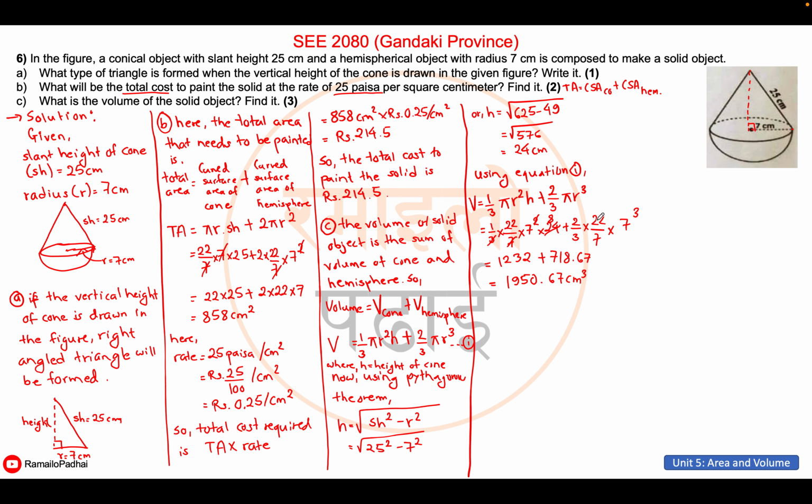Here 7 is one 7 and here is three 7s, so this is cut down and this will be the answer. So I will write that in words. So the volume of the solid object is 1950.67 centimeter cube.